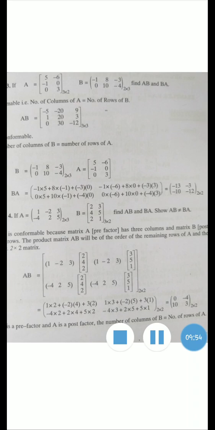Second row is -4, 2, 5 and first column is 2, 4, 2. So when you will multiply them, you will get -8 plus 8 plus 10. So answer is 10. Next is -12 plus 10 plus 5. So answer is 3.